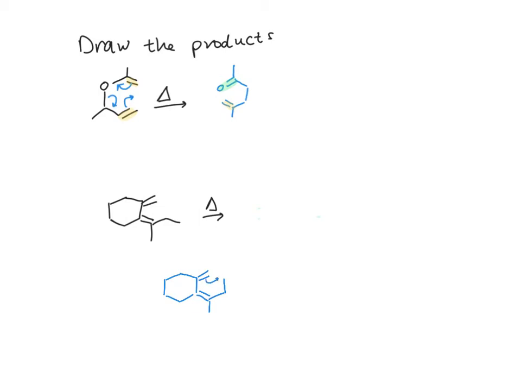Now we can move our pi bonds and sigma bond around in a ring, and we see that this product is formed.